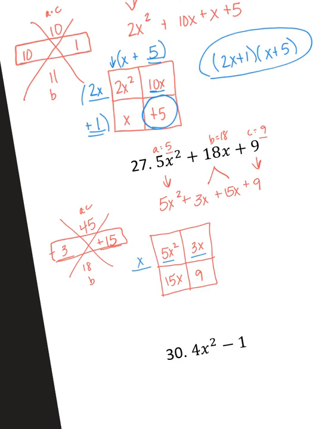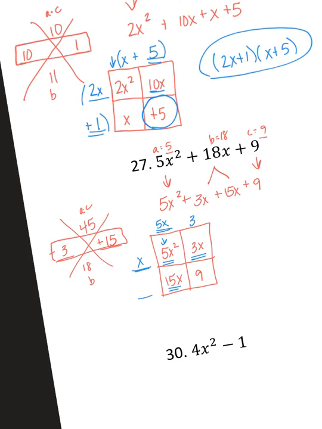Okay, if we look at this column right here, we're looking for this spot, the GCF of 5x squared and 15x is 5x, and we can check, is 5x times x equal to 5x squared, and it is. And then we're going to look for here, we've got x times what is 3x, well that would be 3.